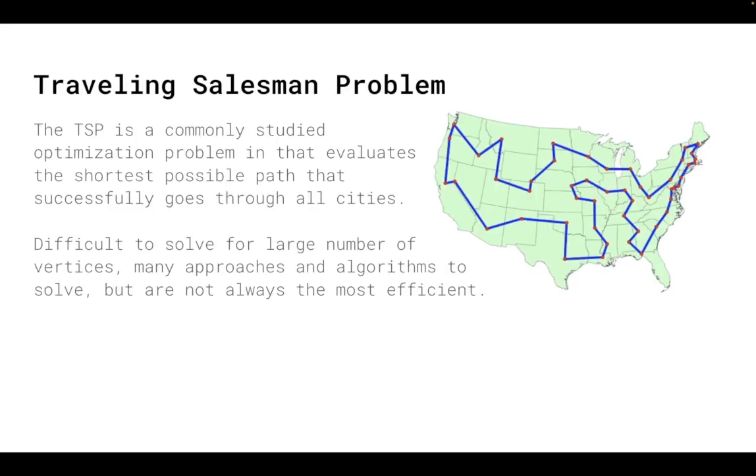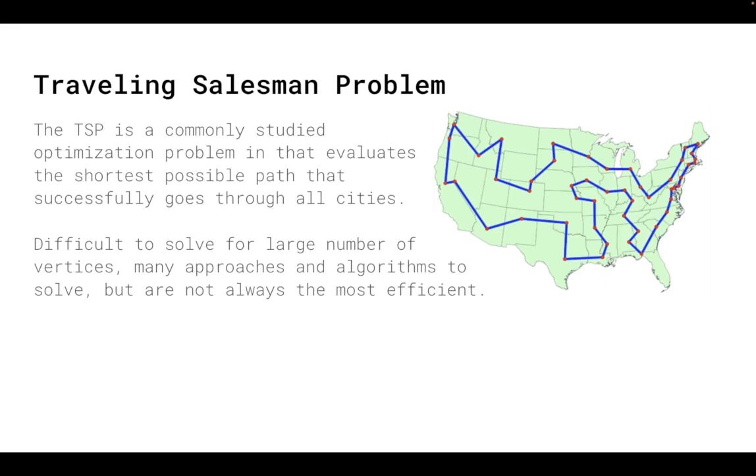In path optimization, there is something called the traveling salesman problem, which is where a salesman is going on a sales tour and he needs to visit each of these cities in the country and must find the shortest path possible.